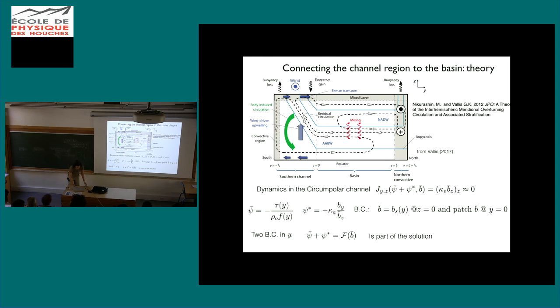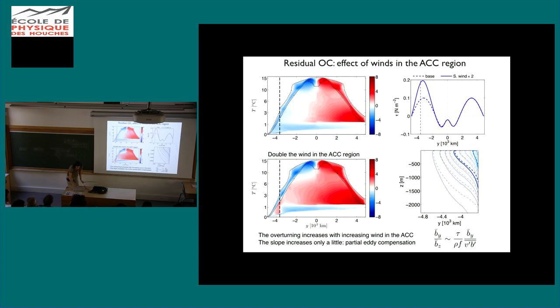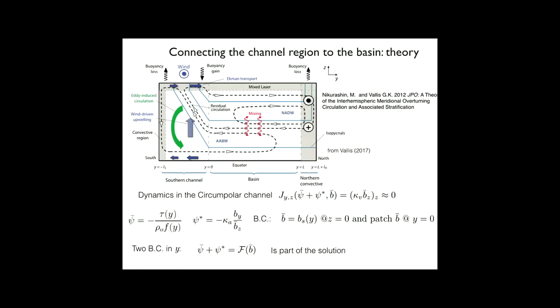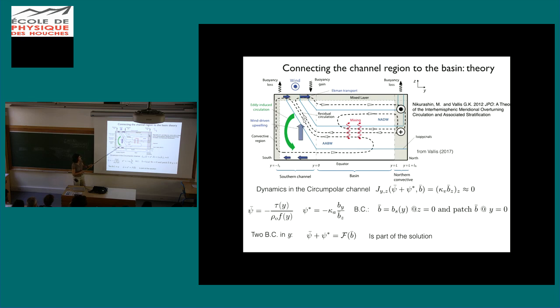Well, here we double them and the circulation strengthens. Now if we reduce them, this circulation would weaken until it goes away. But let me just show you, because this is what we're going to talk about, the theory of the general circulation, including the basin.